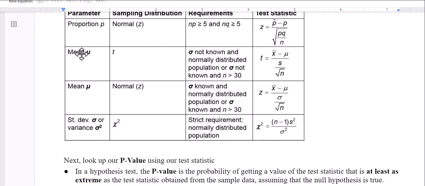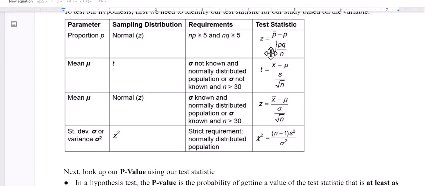And then when your variable is the mean, if we don't know sigma, then by the central limit theorem you have to have a sample greater than 30. And when we don't know sigma, we use the t distribution, and this is the test statistic for that, or t-score.